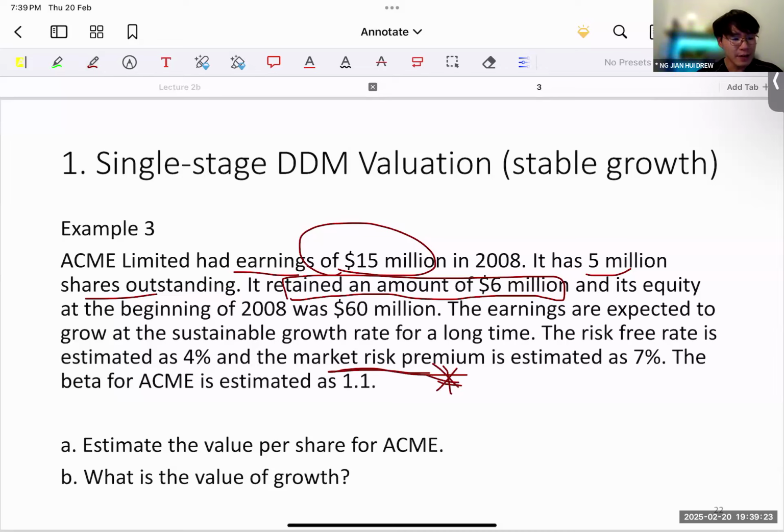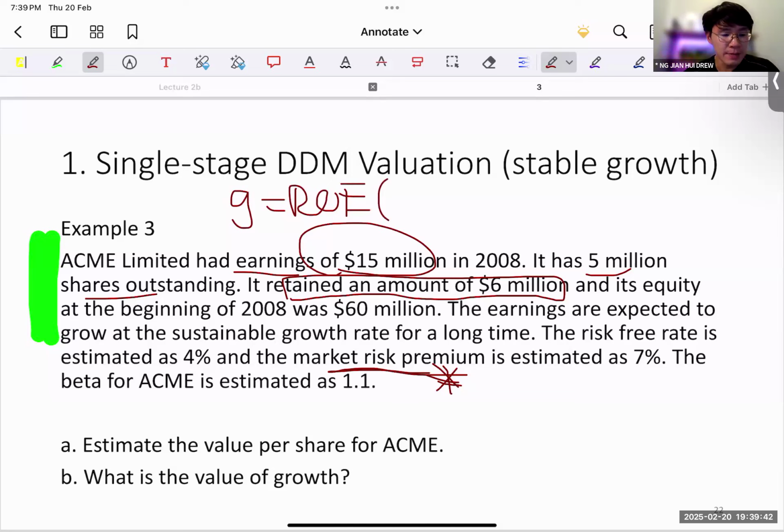Once we are given all these balance sheet numbers, this is important. I hope that this will trigger you to straight away think about this concept of using g equals ROE times 1 minus payout ratio.